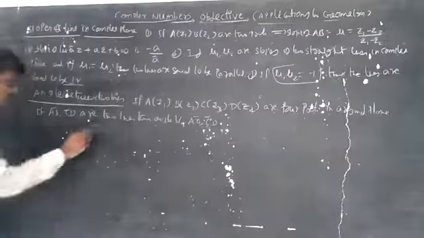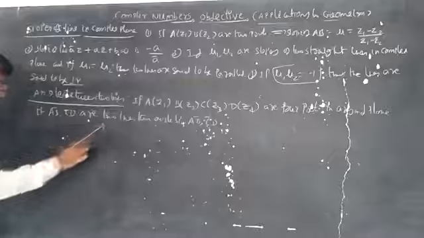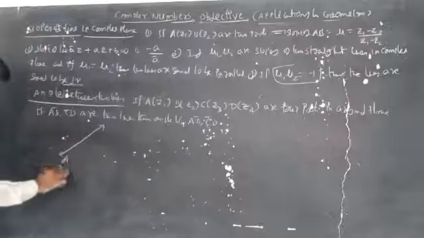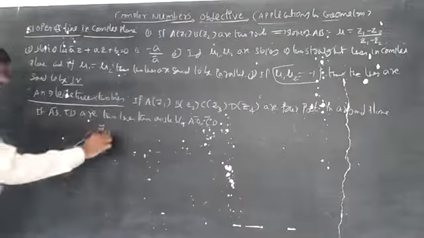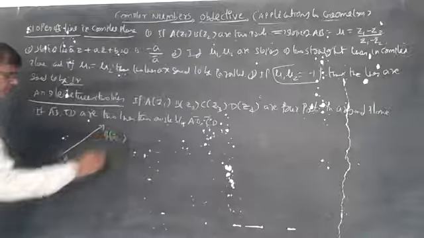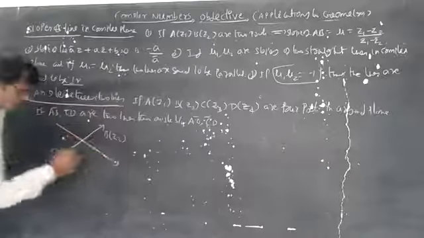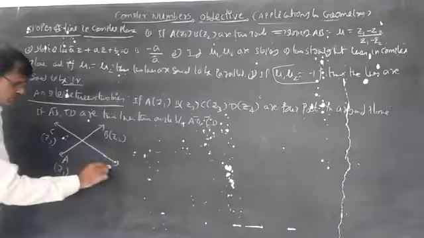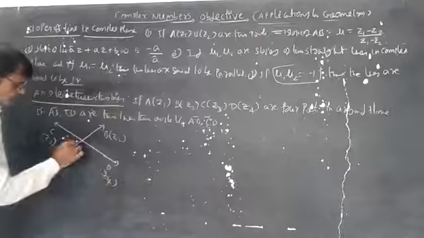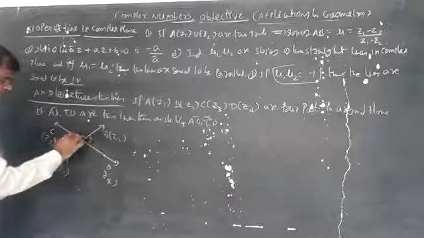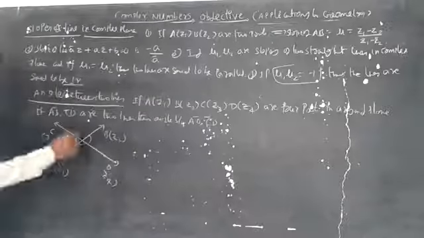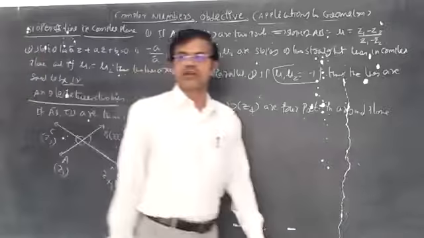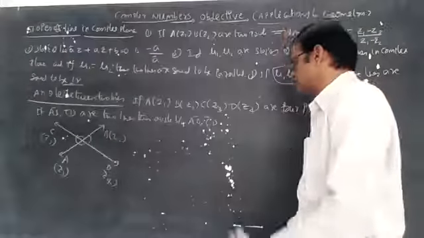Here these two lines are said to be intersecting lines. Put here A, this is Z1, the complex point, B is Z2. Draw like this. This is C, so this is Z3, and this is D, this is Z4. Intersecting lines form four angles. Two opposite angles are equal. Vertically opposite angles are equal here.